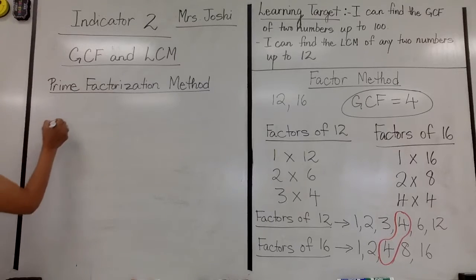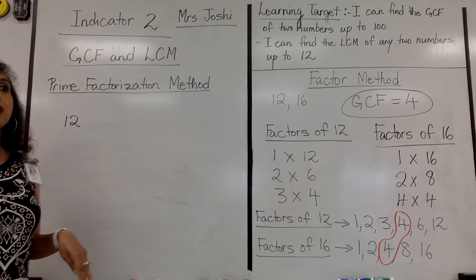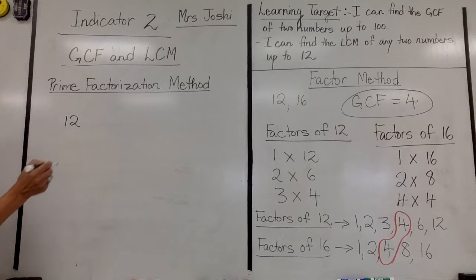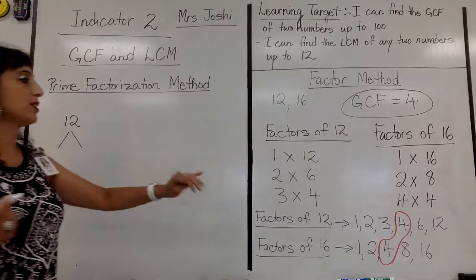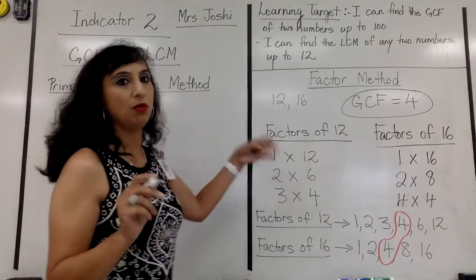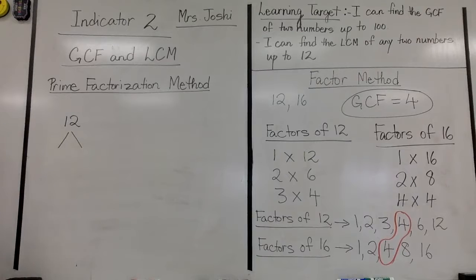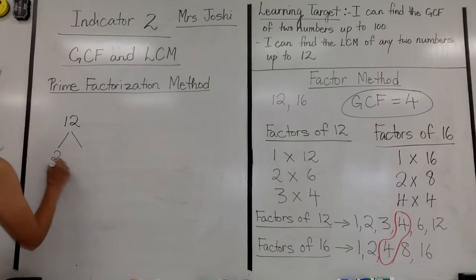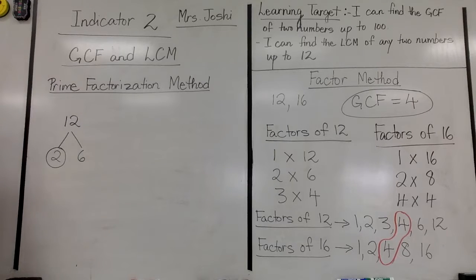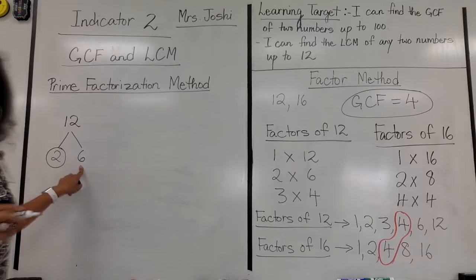Okay, so I'm going to take 12 and break it down to its prime factors. I can use any of those factors besides 1 and 12, because we're going to prime numbers, remember. So 2 times 6. Please remember that 2 is the smallest even prime number, so I'm going to circle that. 6 is a composite number.